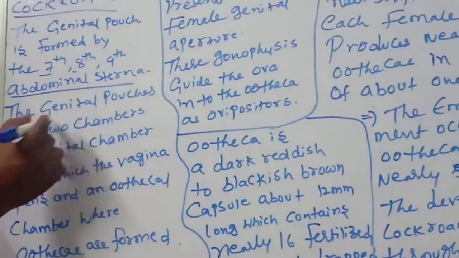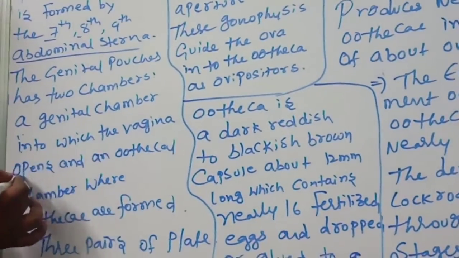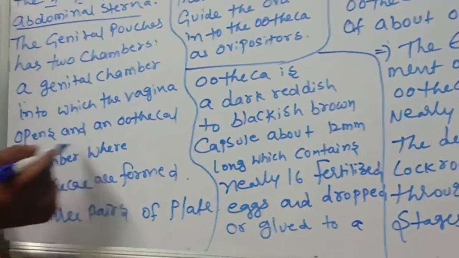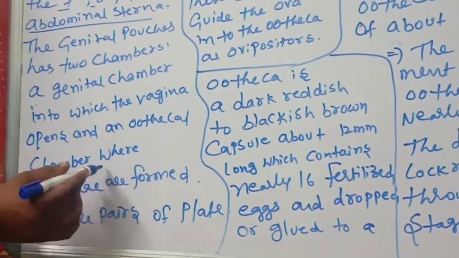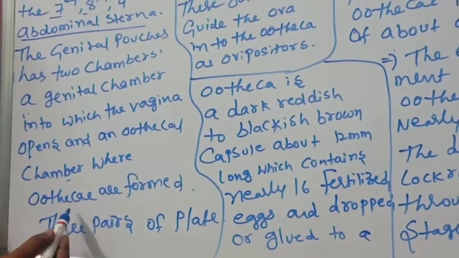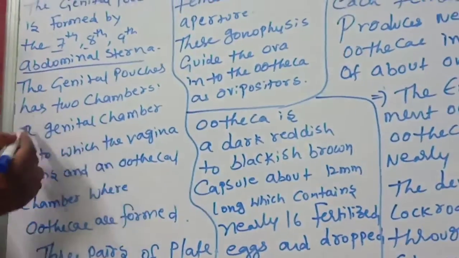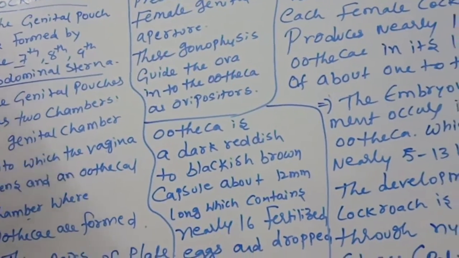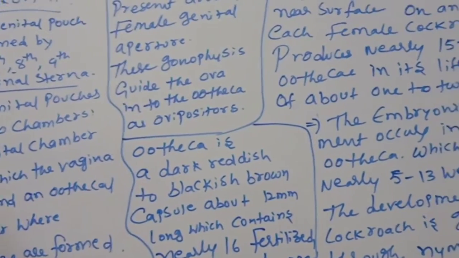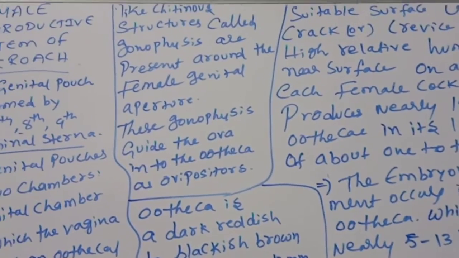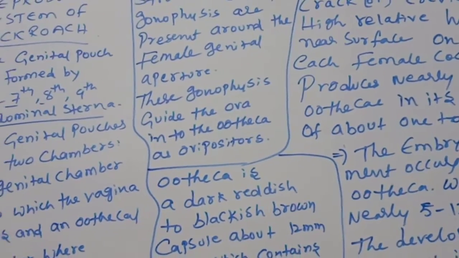The genital pouch has two chambers. What are those two chambers? A genital chamber into which the vagina opens and an oothecal chamber where ootheca are formed.